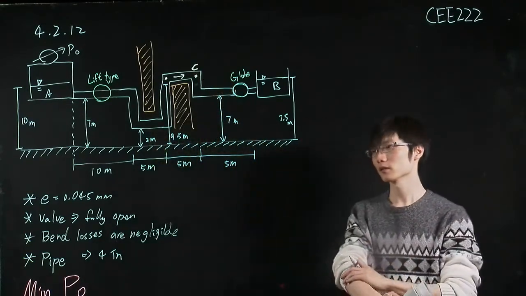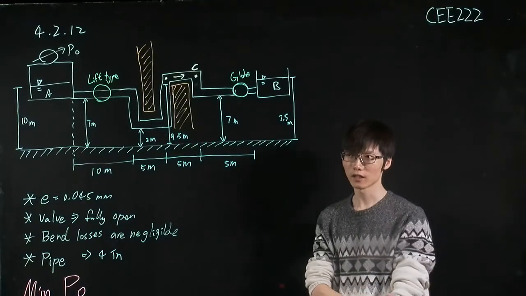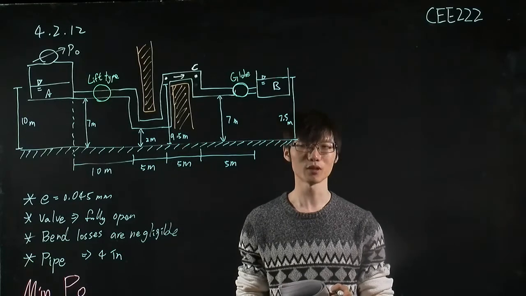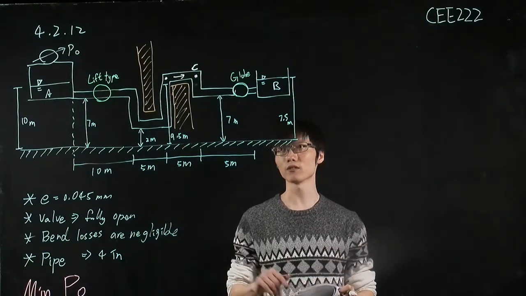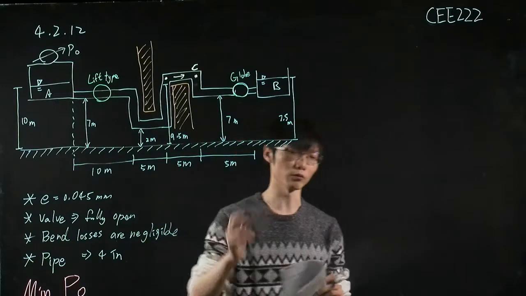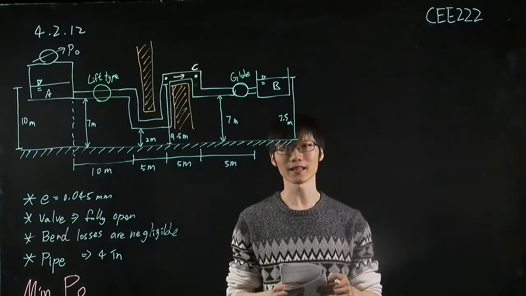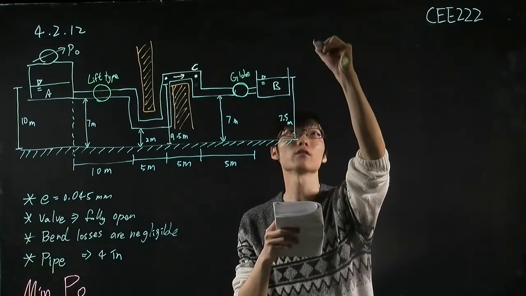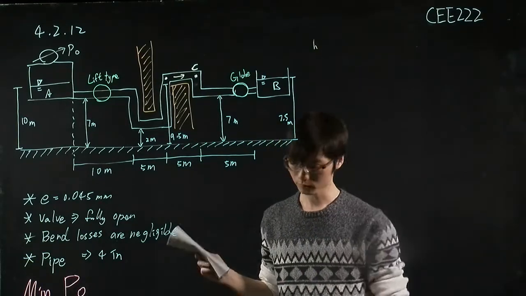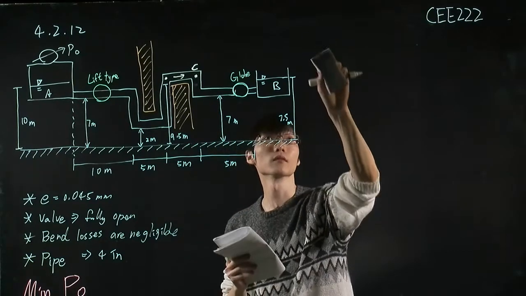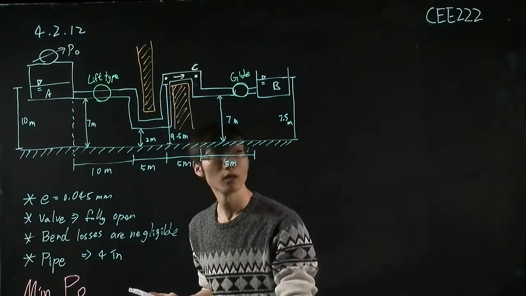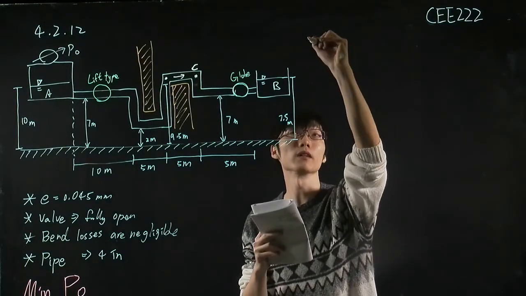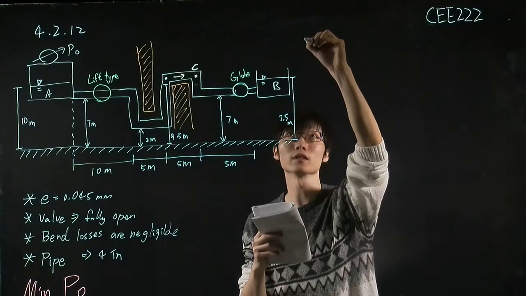Okay, as we have done in previous problems, the first thing we need to do is choose two points to apply the energy equation. So now we write down the energy equation. Okay, I need to save more space for this problem, so my writing will be slightly smaller.